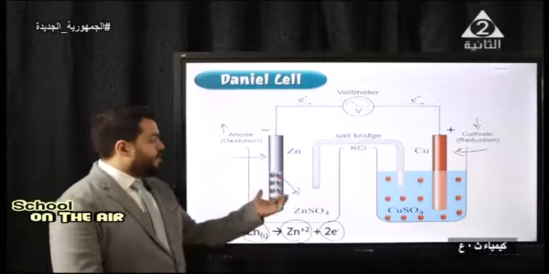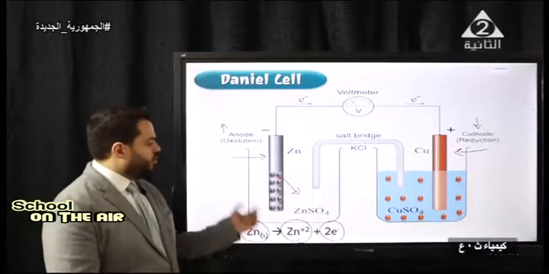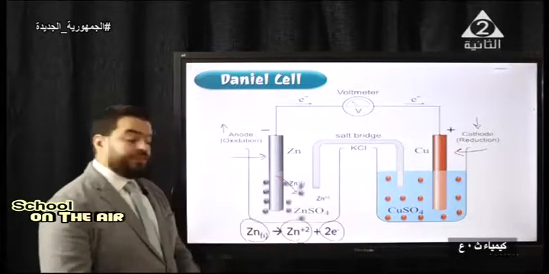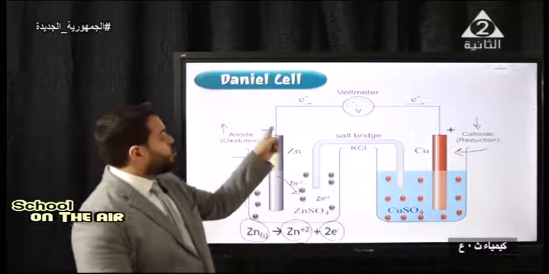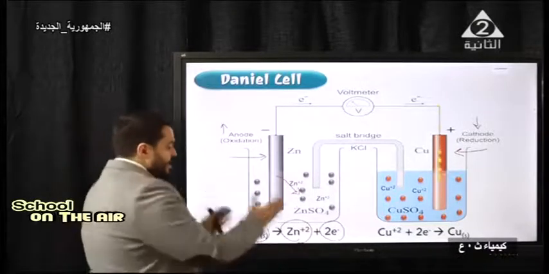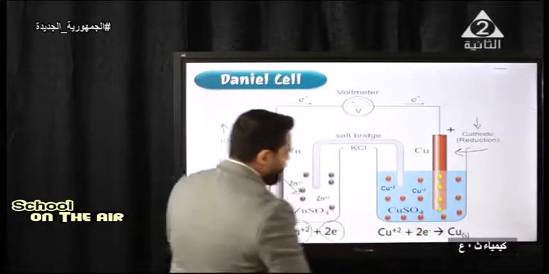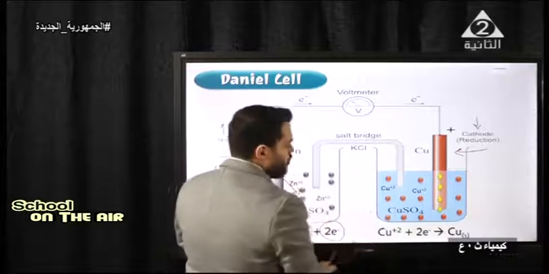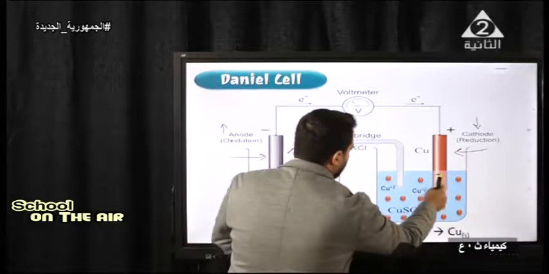Okay? Zinc in the zinc anode rod will dissolve in the solution to change into zinc positive ion. And it will lose electrons that are traveling through the external wire. As you see, the negative electrons are going to be on the copper rod. So the copper positive 2 ions will deposit, attracted to the negative electrons.